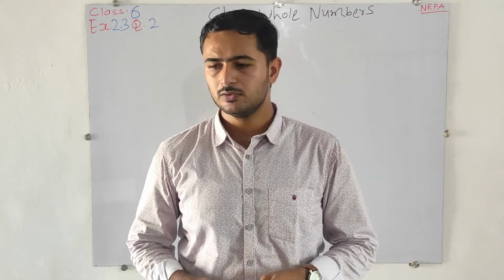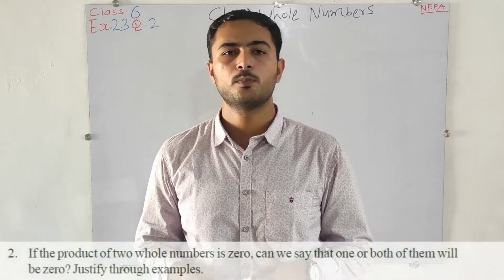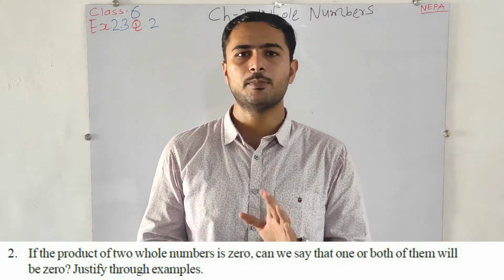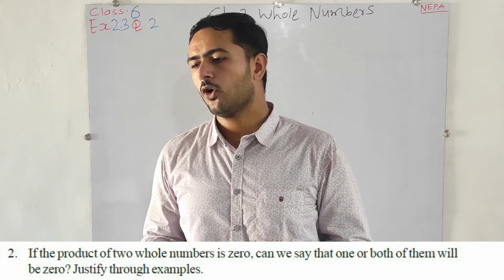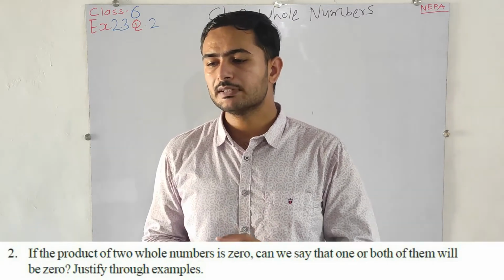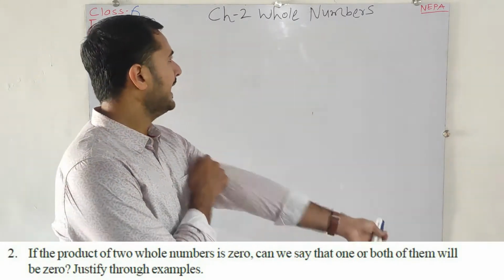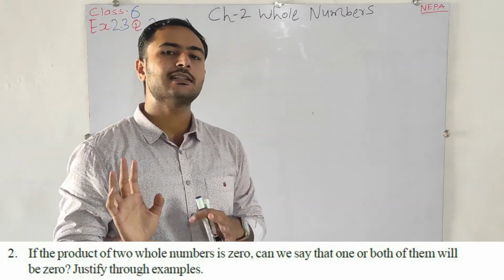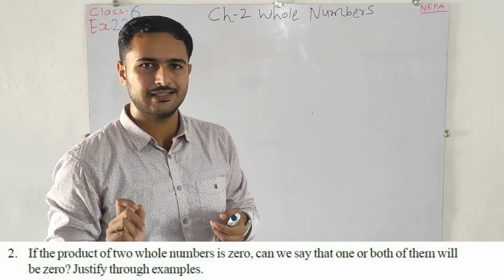Now question number 2, that is, if the product of two whole numbers is 0, product means the multiplication operation. Okay. Product and multiplication operation are the same. Can we say that one or both of them will be 0? Justify through examples. Let's see. They are asking that if I do the multiplication and the answer is 0, I don't know for which numbers, but the answer is 0.